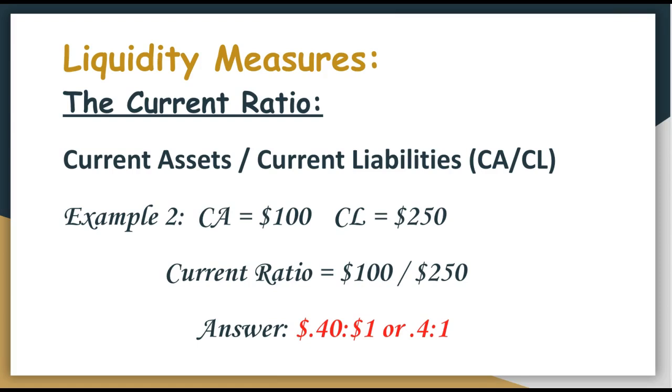So this gives you the example we just went over with slightly different numbers. Current ratio is a down and dirty type of ratio. We can monitor it over time, from one balance sheet to the next, and see if we're seeing any improvement, if that's one of our objectives, if that's one of our goals.